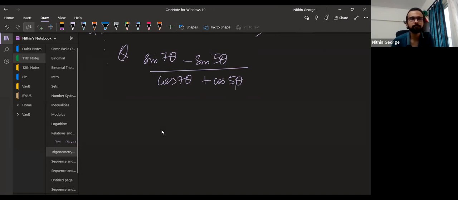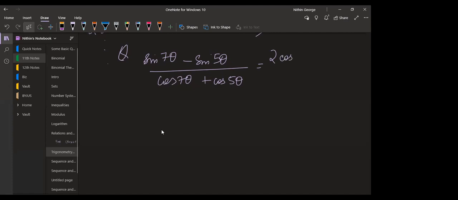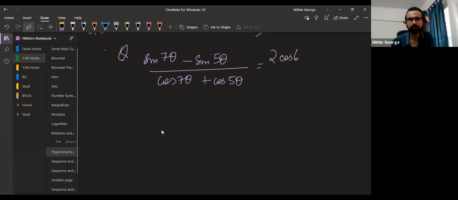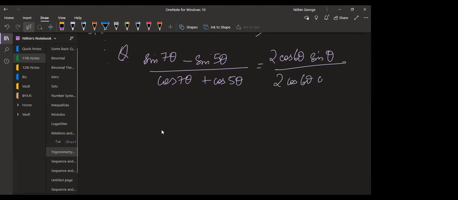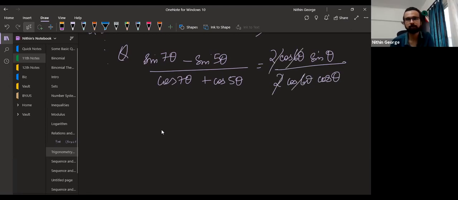What is this one here? The numerator becomes 2 cos (12 theta by 2), that's 6 theta, into sin (2 theta by 2), which is theta, divided by cos 7 theta cos 5 theta. Okay, 2 cancels out. You're left with tan theta. Right answer?